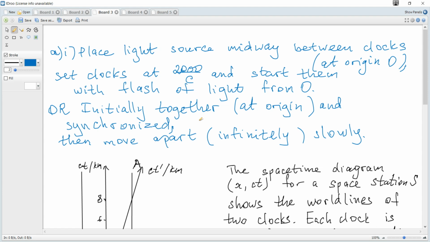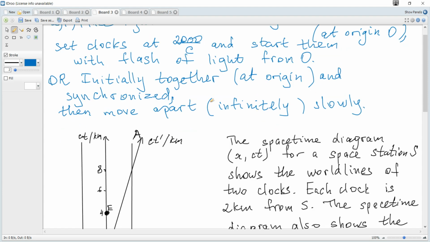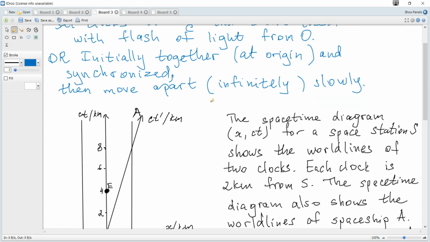Or initially the clocks are together at the origin and synchronized, switched on at the same moment, and then moved infinitely slowly, very slow. Why very slow? Because relativistic effects will be negligible.